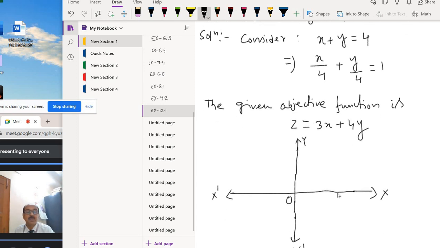So on the x-axis 4 units. Suppose this is 4 units, and on the y-axis also 4 units. Now join these two points.